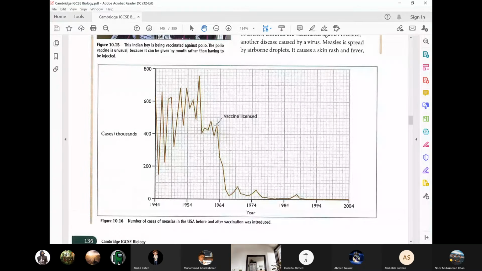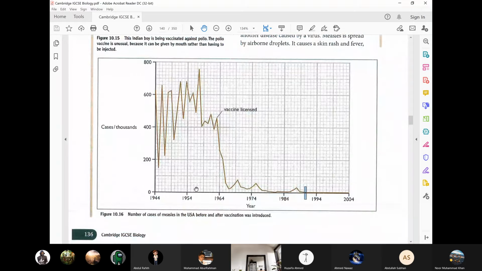This is the year when the vaccine was introduced, about 1963, right? About 1962. Vaccine licensed. After that, you can see that there is a sudden decrease in the number of measles cases in the USA, and the measles disease totally finished over here. That is 1990. Okay, boys, can you see? This measles disease does not exist anymore in the USA.